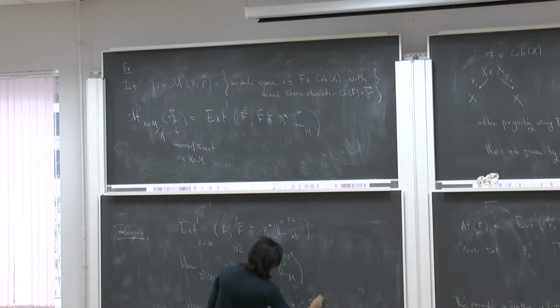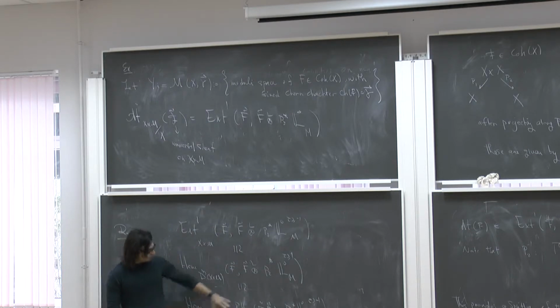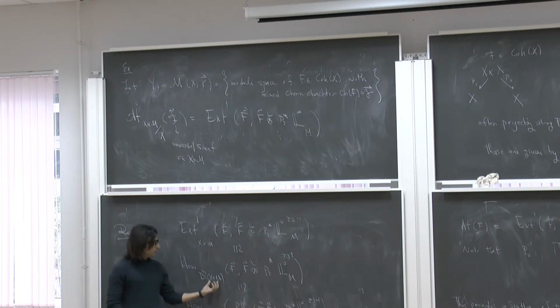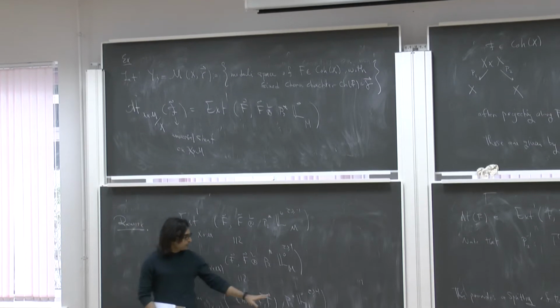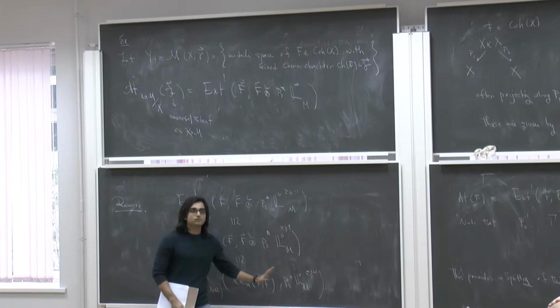And now you can actually use Verdier duality. You're taking an Ext, some self-extension of your universal sheaf on the product of X times M, and some pullback of this cotangent complex on X times M, and then you can basically push forward everything down.